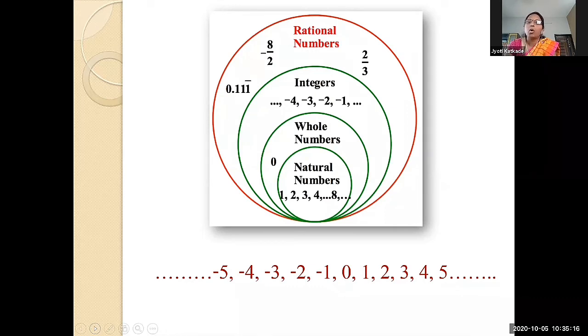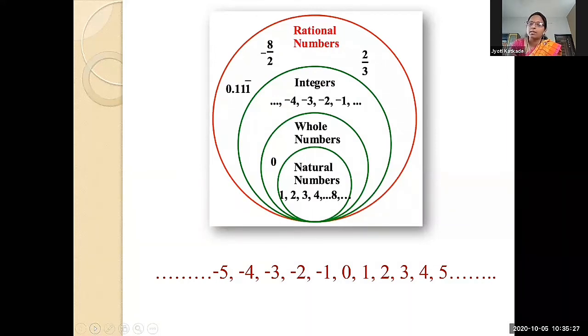At the bottom of this page, there is a given number line. 0, at the left side of 0 there is -1, -2, -3 and so on, and on the right side 1, 2, 3, 4, means all negative numbers and all positive numbers and 0. These all numbers are called integers.